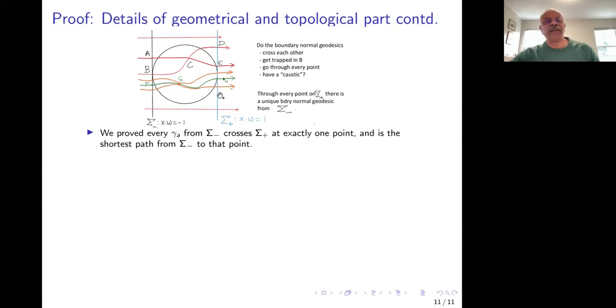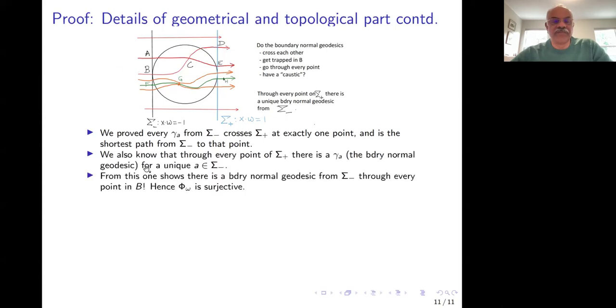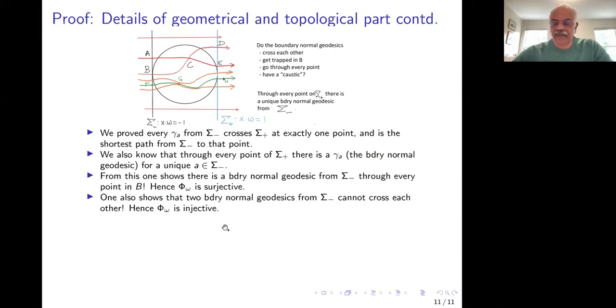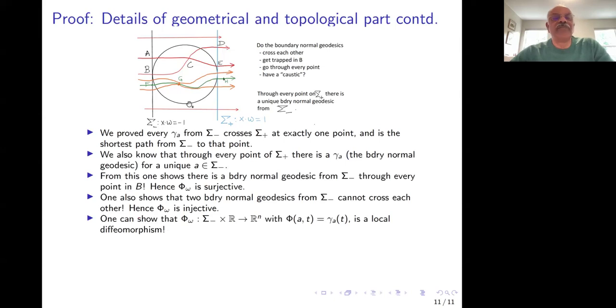That again violates what we have. So these types of arguments show that phi is a diffeomorphism. It's not a very complicated argument. The topological part was showing that there are no trapped rays. That was the topology part.